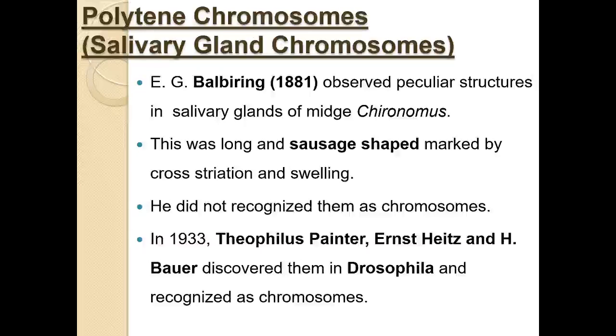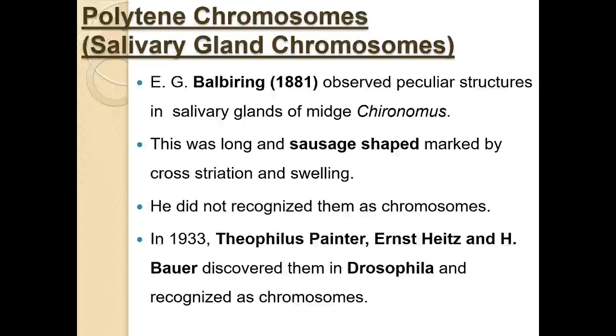But he stated that there is some abnormal body present in the secretory cell of the salivary gland of the Chironomus larva. He did not recognize it as a chromosome.